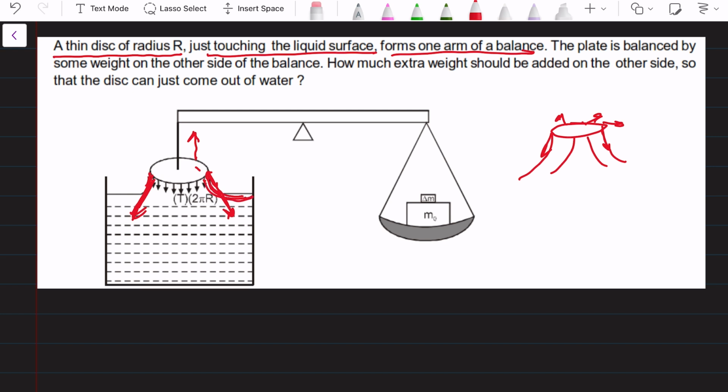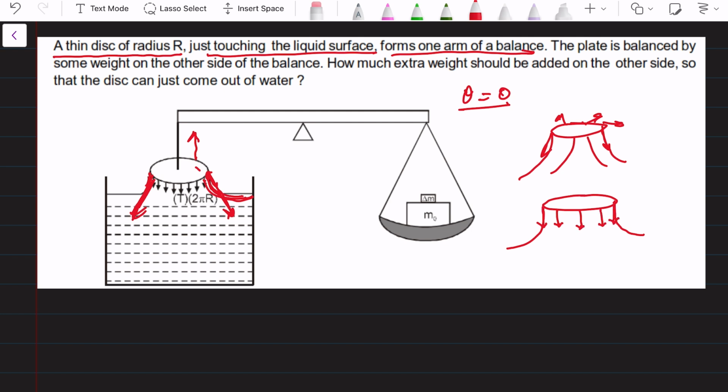Now under the assumption that the contact angle theta is 0, the liquid surface will have the situation like this. Then the surface tension force will be acting in the vertical downward direction.